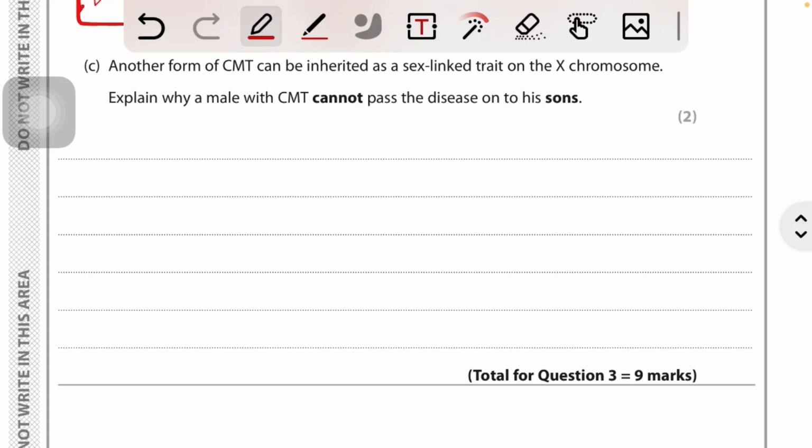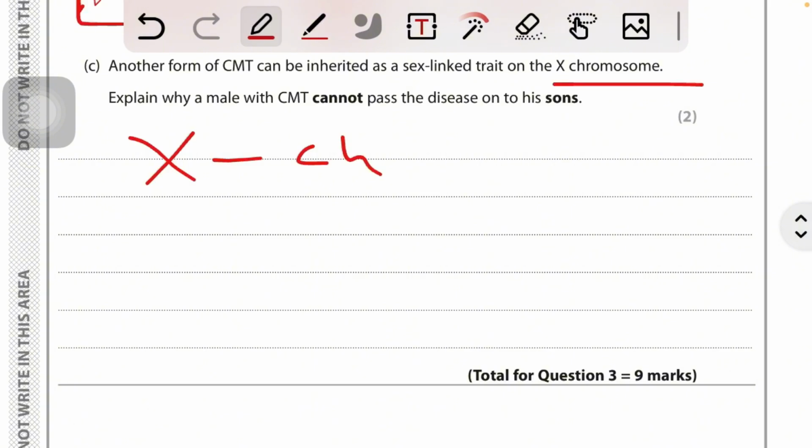Another form of CMT can be inherited as a sex-linked trait on the X chromosome. Explain why a male with CMT cannot pass the disease on to his son. So it says that another form of CMT is inherited as a sex-linked disease, right, on the X chromosome. So it happens only on the X chromosome, as it said in the question.